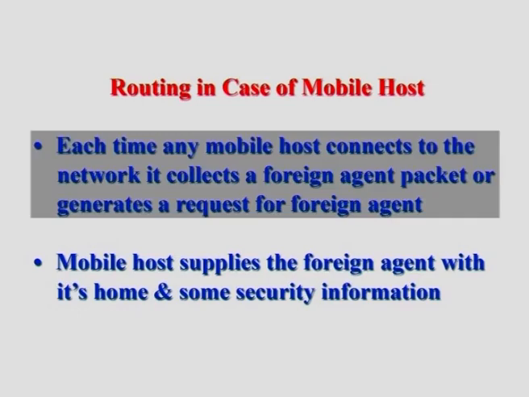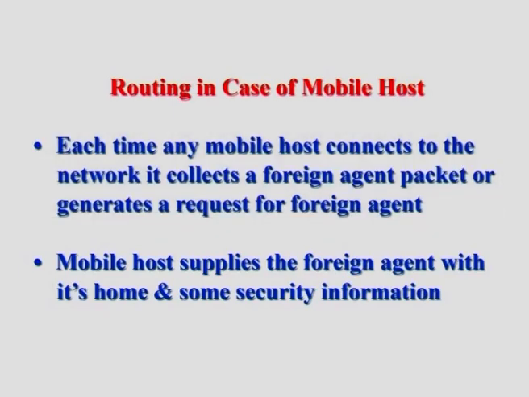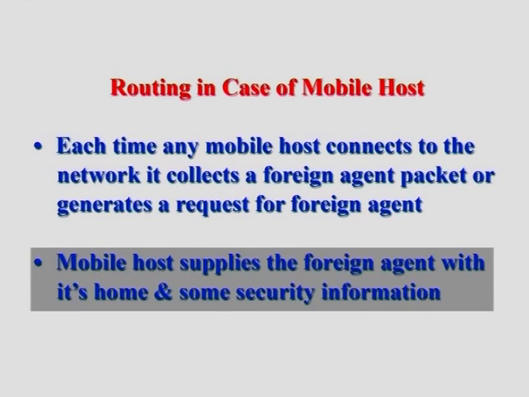Each time a mobile host connects to the network, it collects a foreign agent packet or generates a request for a foreign agent. As a result, they establish a connection and the mobile host supplies the foreign agent with its home and some security information.